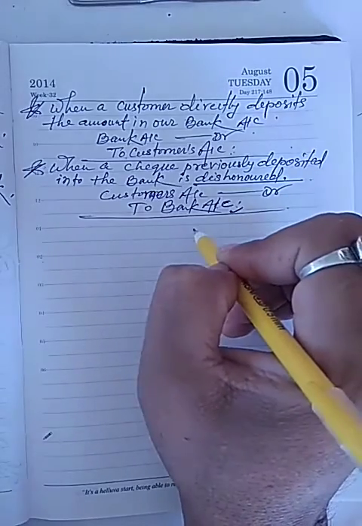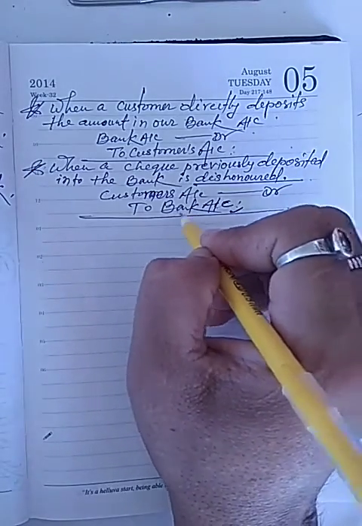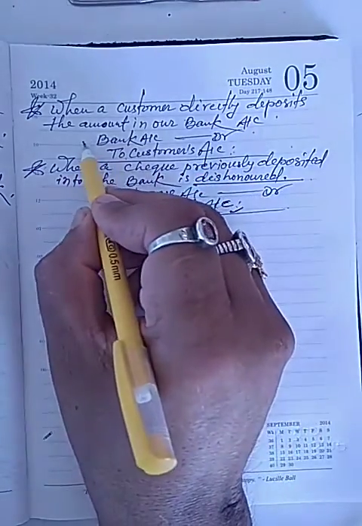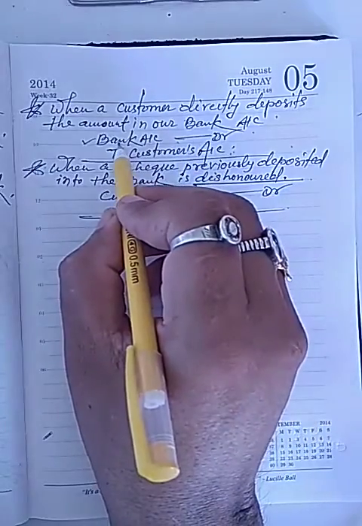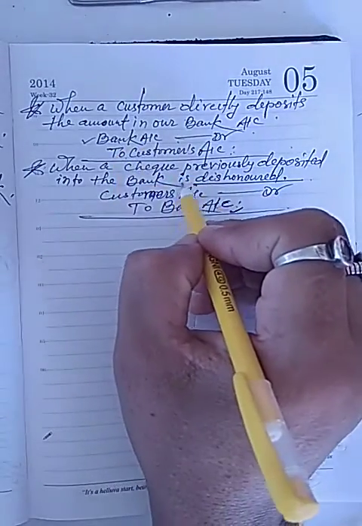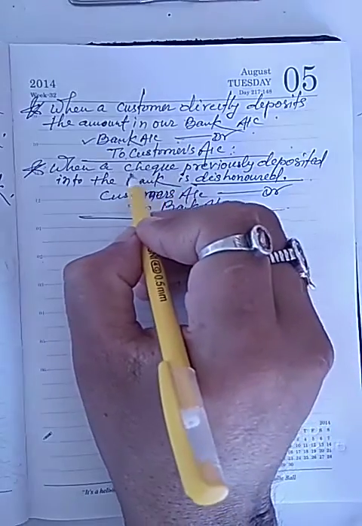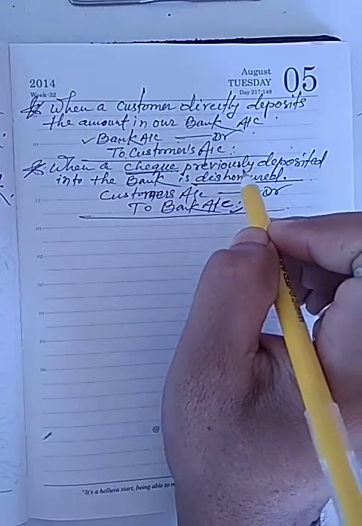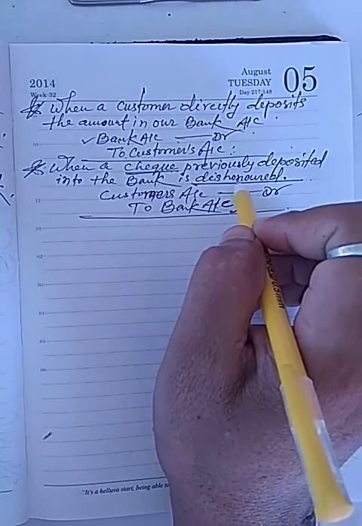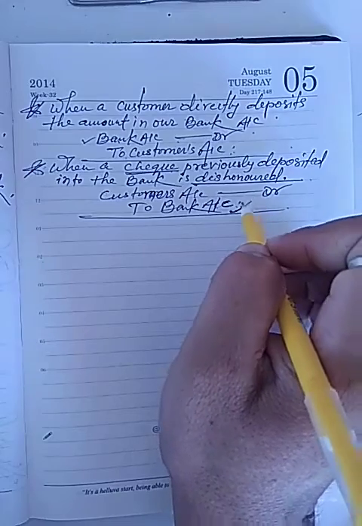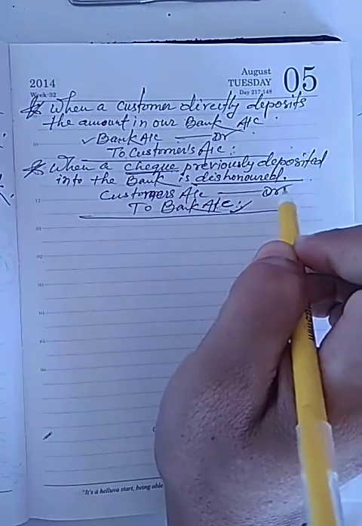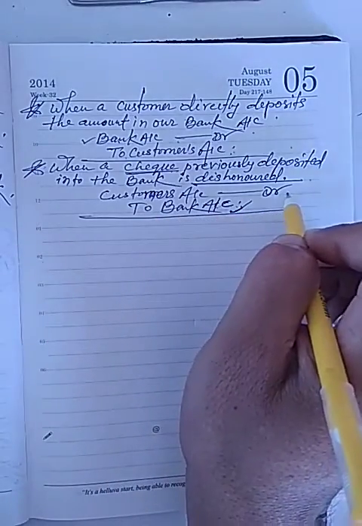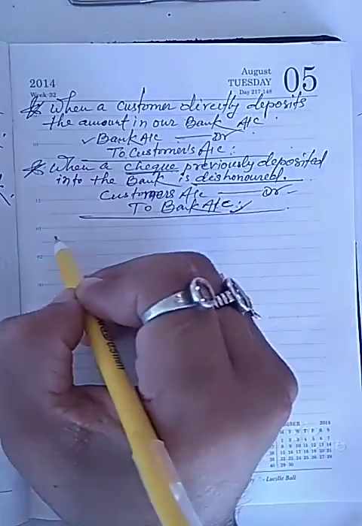So it will be credit. Suppose cash is going. When customer deposit in our bank, cash is coming. When deposited check dishonored or bounced due to some reason, then suppose cash is going, then customer's account will be debit and to bank account.